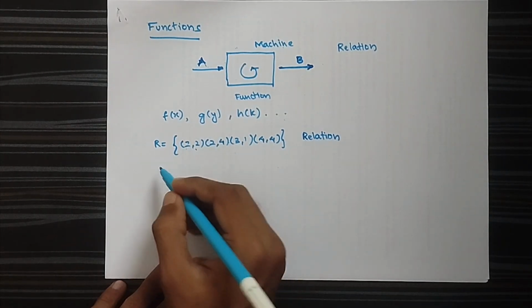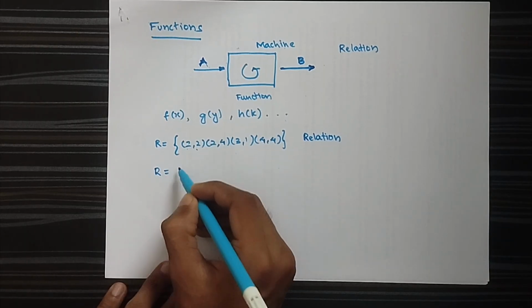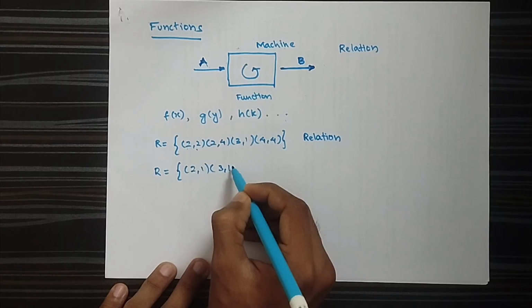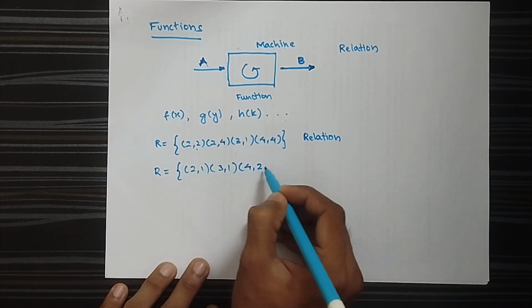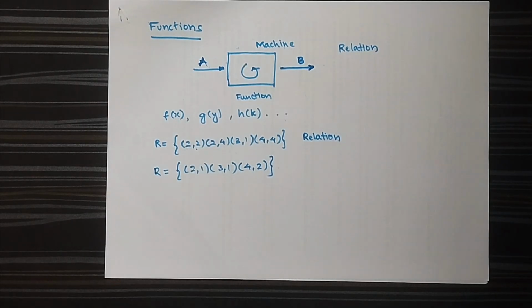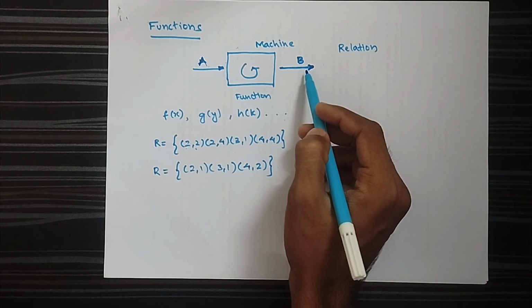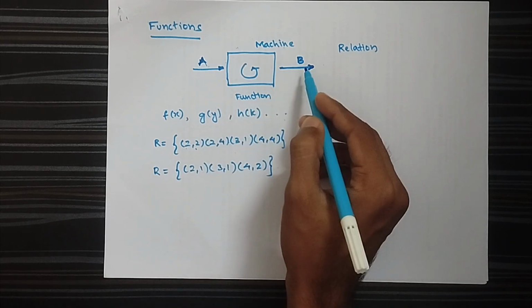Alright. Now I'll give you another relation. R is equal to {(2,1), (3,1), (4,2)}. Here we have another relation with 3 ordered pairs. Here if we give 2 as input, we get 1 as output. If we give 3 as input, we get 1 as output.